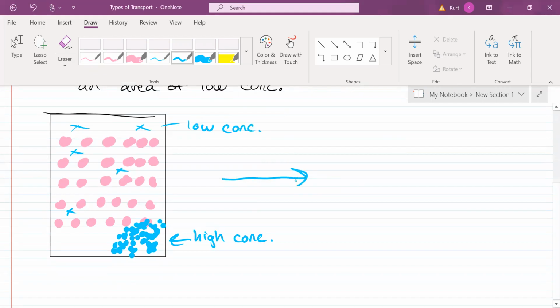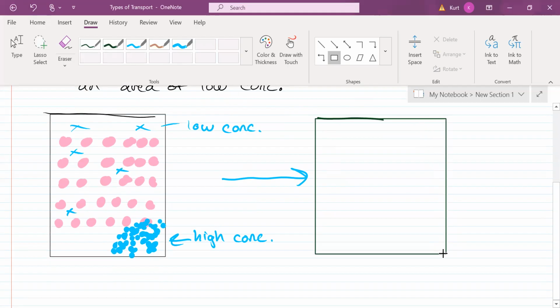So I would say within 2 minutes tops, this particle would be all over the room, and it would basically be equalized.